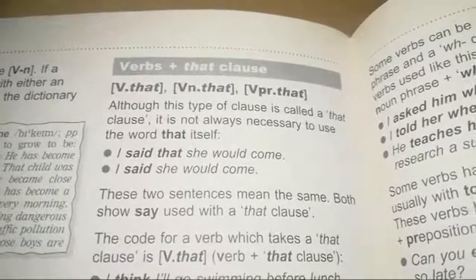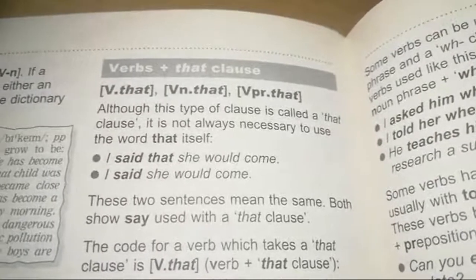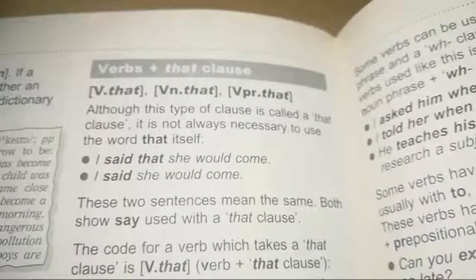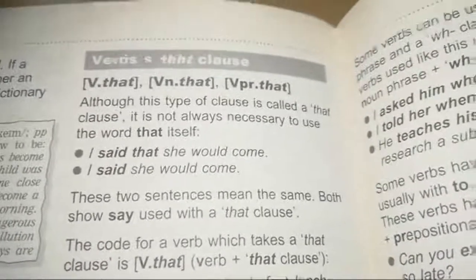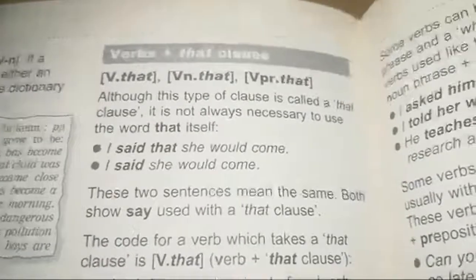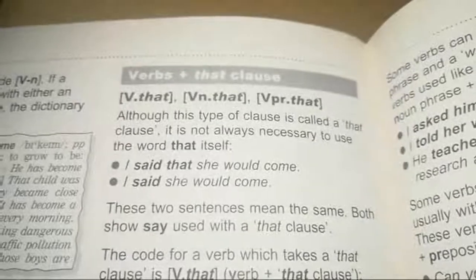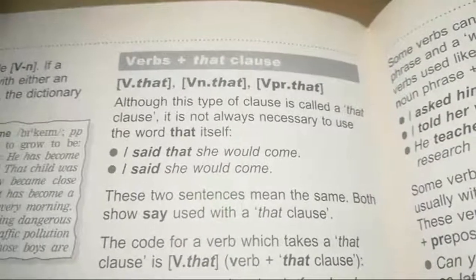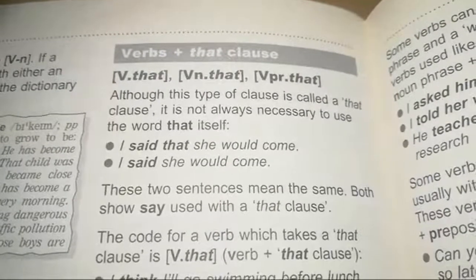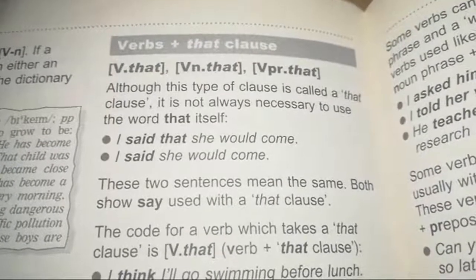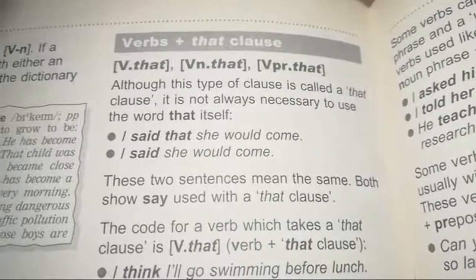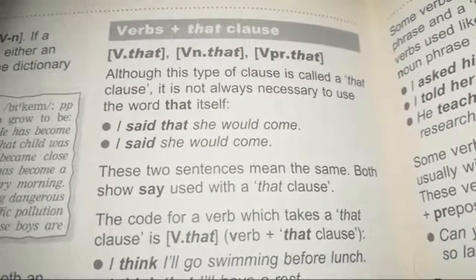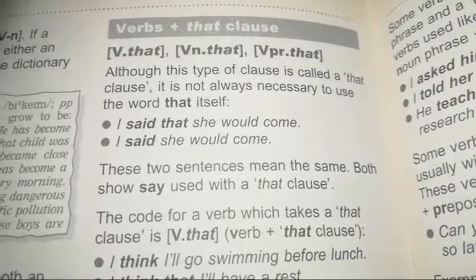Verbs with that clause: V that, VN that, V PR that. Although this type of clause is called the that clause, it is not always necessary to use the word that itself. I said that she would come. I said she would come. These two sentences mean the same.